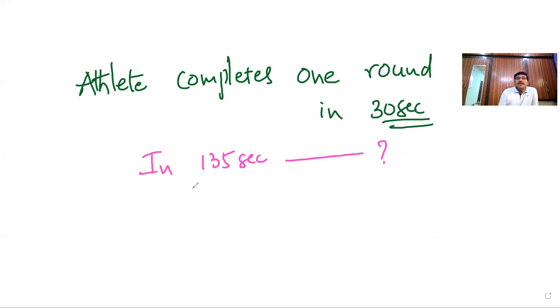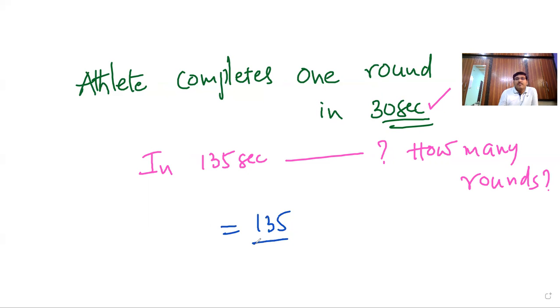Because we require the answer at the end of 135 seconds. In one round, 30 seconds he completes. So in 135 seconds, how many rounds does he complete? That is the question. Hence, in 135 seconds, it is 135 by 30.